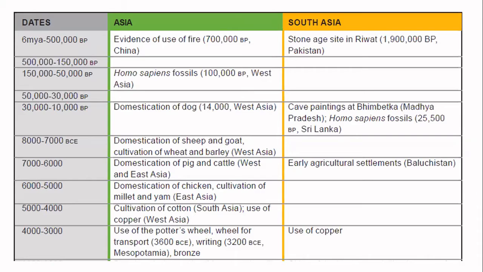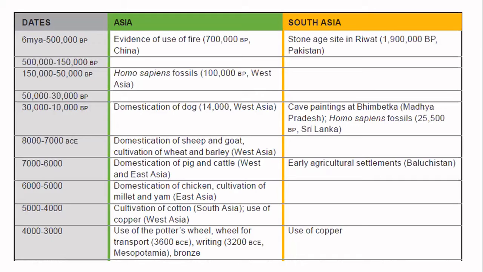Then we see domestication of dogs in Asia. It happens in West Asia, and exact time is also written 14,000 years ago. We have seen cave paintings at Bhimbetka in Madhya Pradesh, and we have found Homo sapien fossils, that is 25,500 years before present in Sri Lanka.